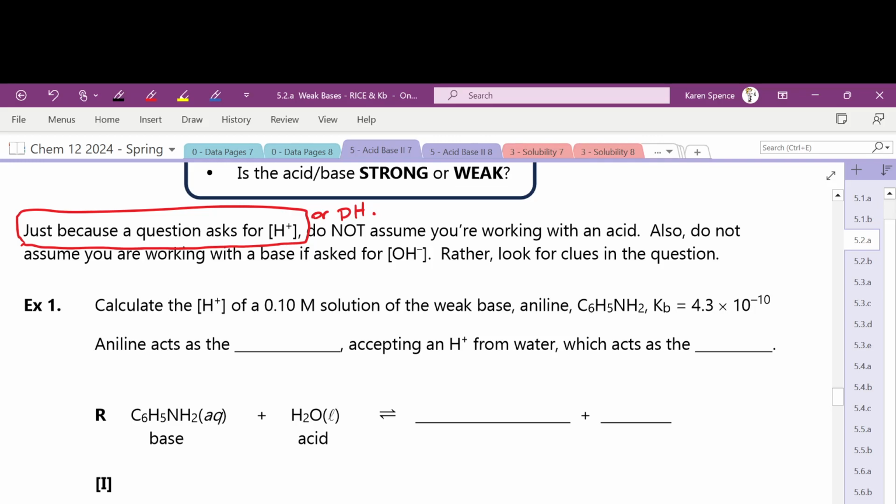Water acts as the, yeah. That's just water.